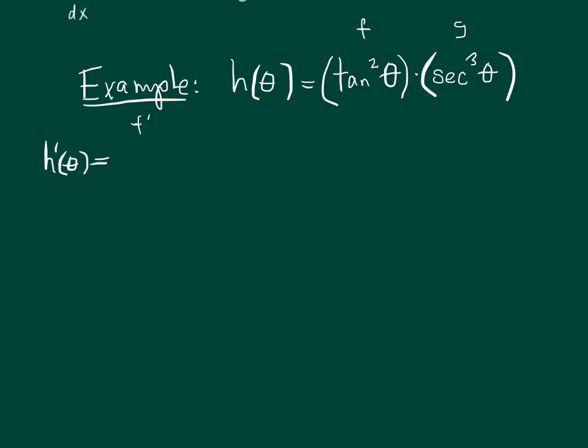The outside function is squared, and the inside function is tangent of theta. So f prime is 2 tangent of theta. That would be like the derivative of x squared, times the derivative of the inside, which is secant squared of theta. That's f prime times g.